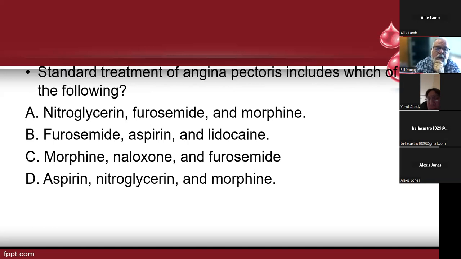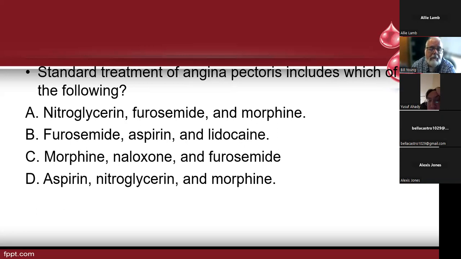Alexis, standard treatment of angina pectoris includes which of the following? A, nitro, furosemide, and morphine. B, furosemide, aspirin, and lidocaine. C, morphine, naloxone, and furosemide. Or D, aspirin, nitroglycerin, and morphine. B, B as in Bravo.